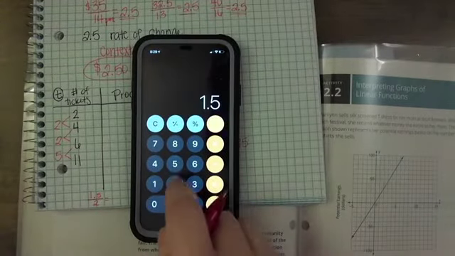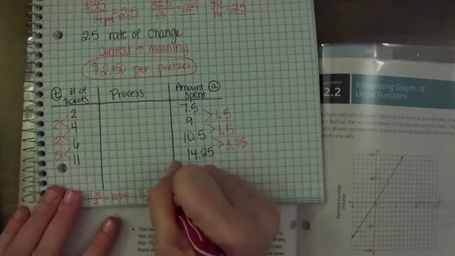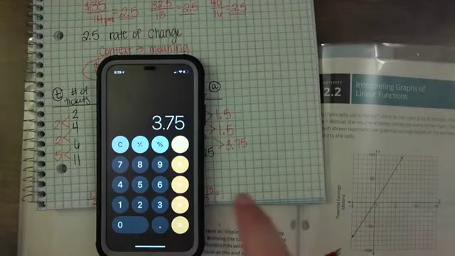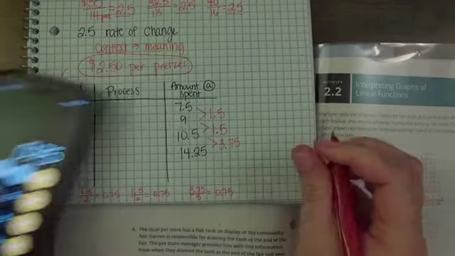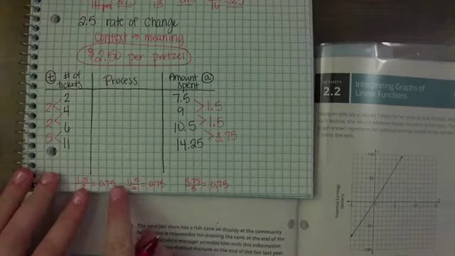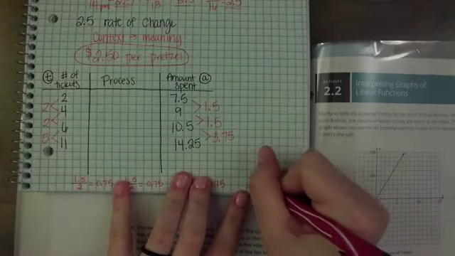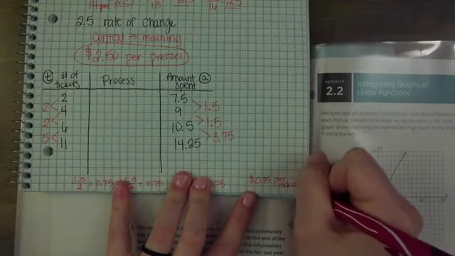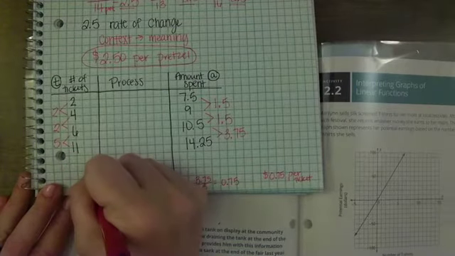So 1.5 divided by 2 is 0.75, because those are the same numbers. 3.75 divided by 5 is 0.75 again. So notice this rate is the same. So again, in context of this problem, what does that mean? That means that it is 75 cents per ticket. Because the 1.50 was the amount, this was the number of tickets.